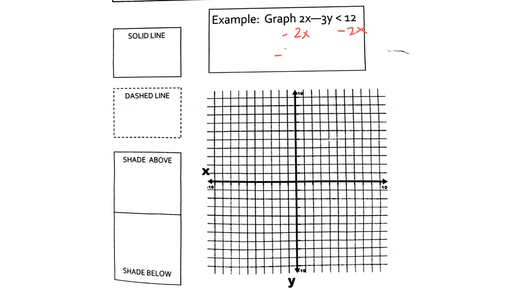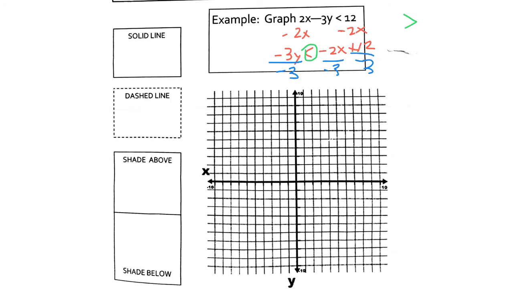I'm left with negative 3y is less than negative 2x plus 12. I now need to divide by my coefficient, so I'm dividing everything by negative 3. Because I'm dividing by a negative, remember I have to reverse my inequality symbol. So instead of less than, it becomes greater than.